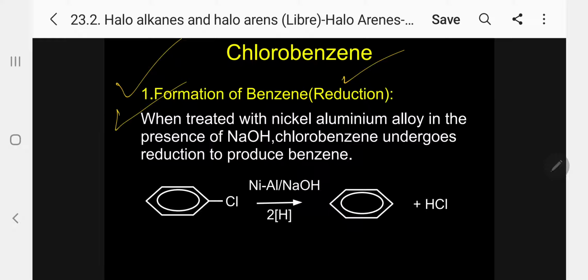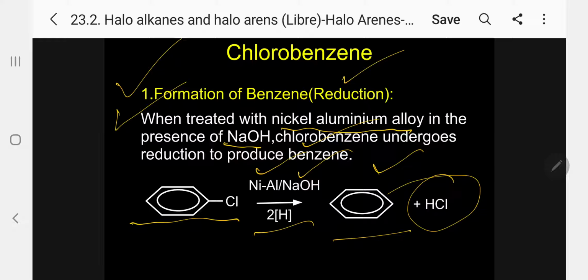When treated with nickel aluminum alloy in the presence of sodium hydroxide, chlorobenzene undergoes reduction to produce benzene. So this we can even take for hydrocarbon preparation. So chlorobenzene in the presence of nickel aluminum alloy and sodium hydroxide undergoes reduction to produce benzene and HCl. So the chlorine is substituted.